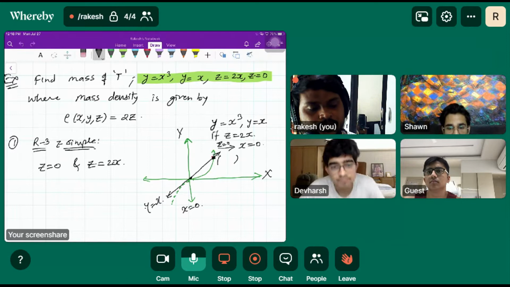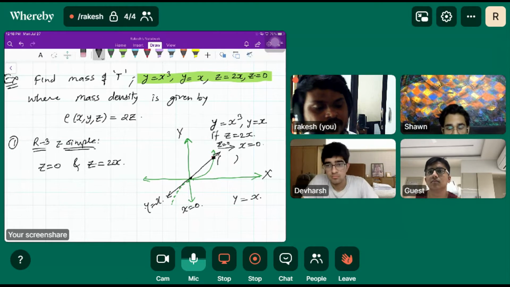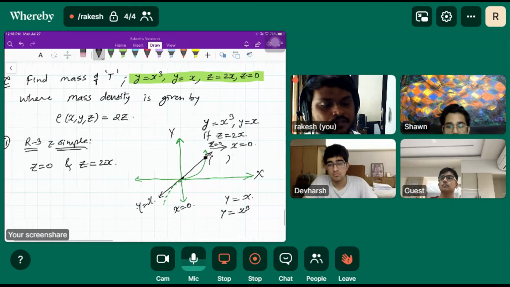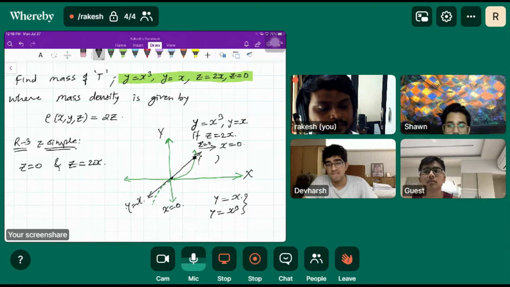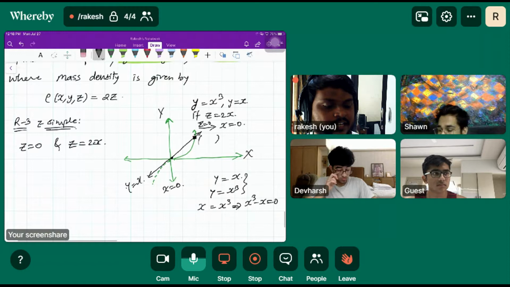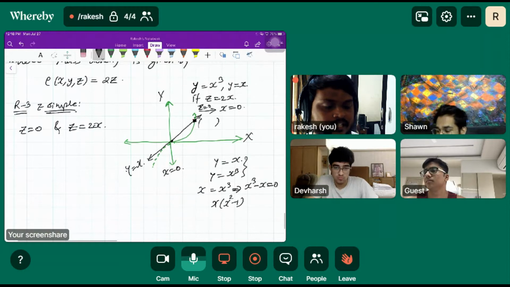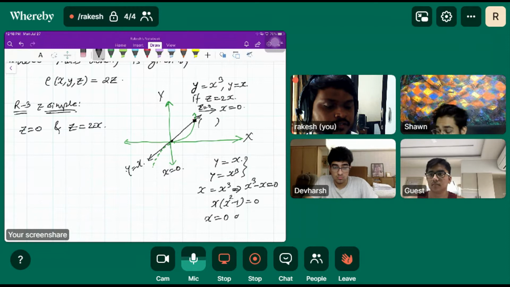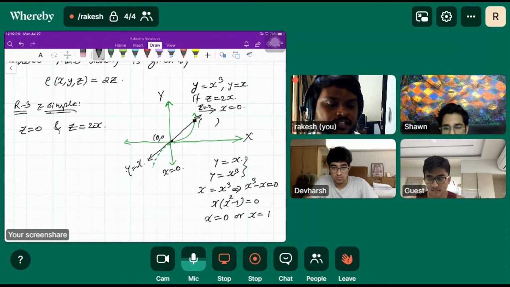1 comma 1, because one is y is equal to x, the other is y is equal to x cube. If you equate them, x is equal to x cube implies x cube minus x is equal to 0. That implies x times (x square minus 1) is equal to 0. It means either x is equal to 0 or x is equal to 1. We have already taken 0 0, the origin, here.